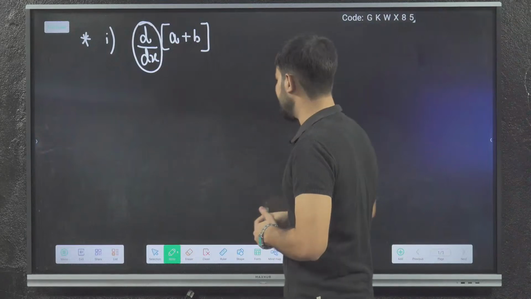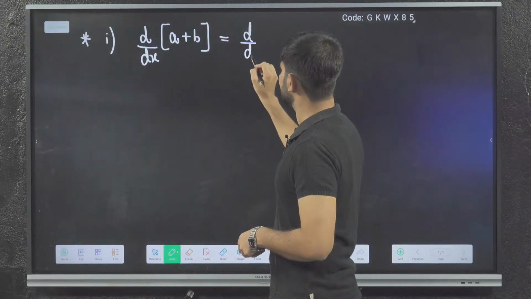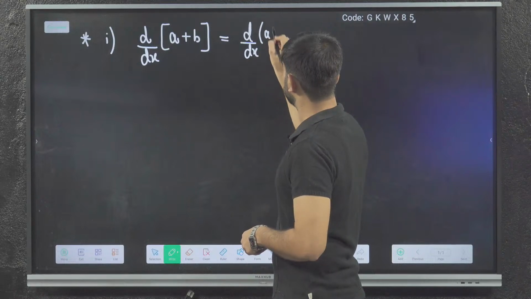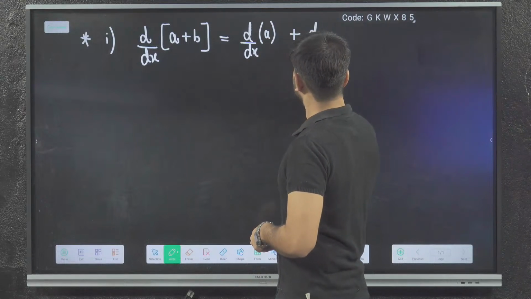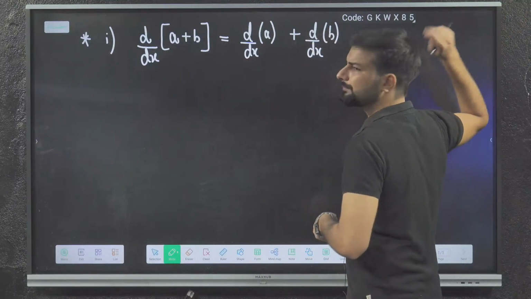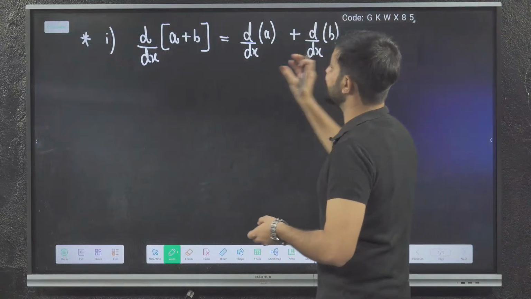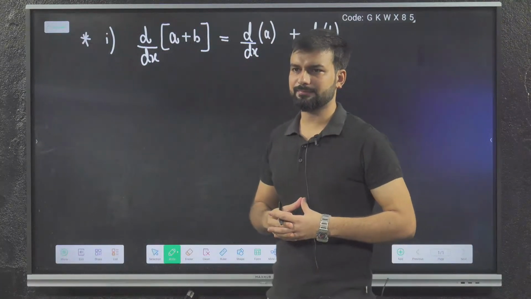In a similar manner, this will become d by dx of a plus d by dx of b, or c can also be there, d can also be there, so it will continue as much as the plus minus signs are there.